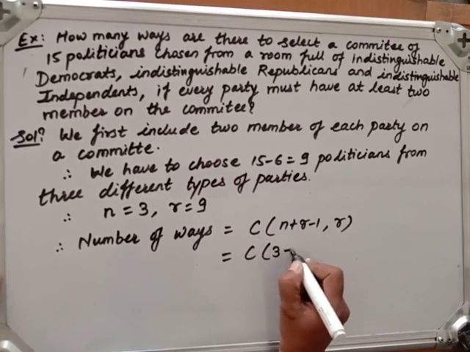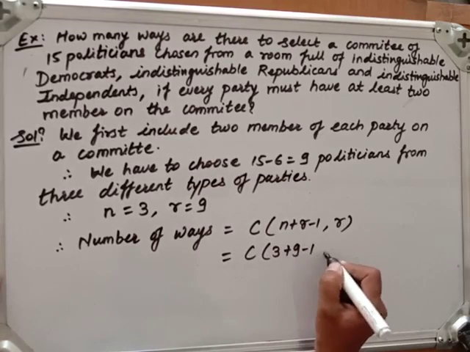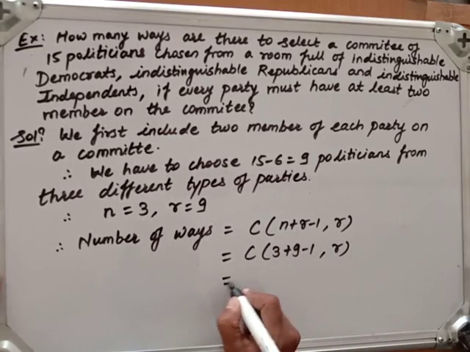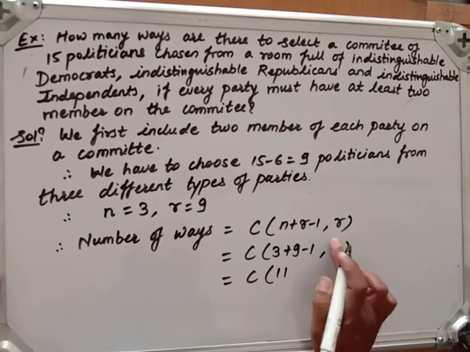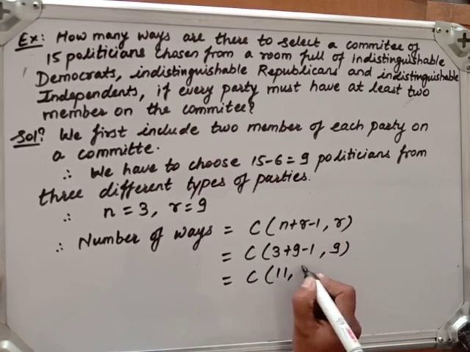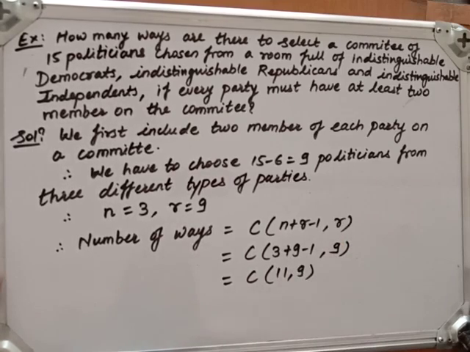N is 3 plus 9 minus 1, so it will be C(11, 9), or 11C9. This is the answer here.